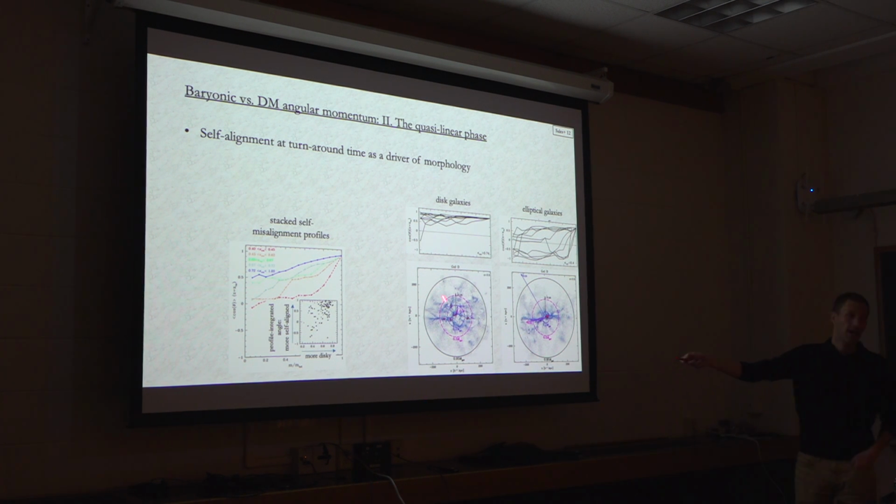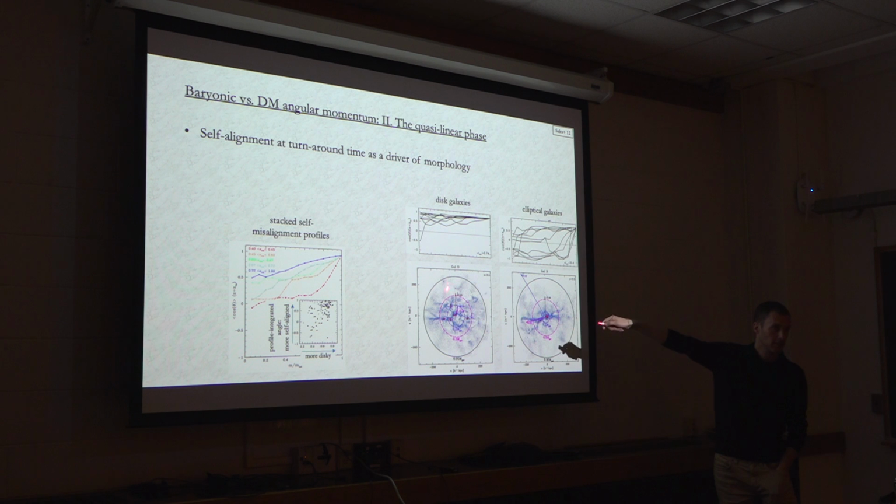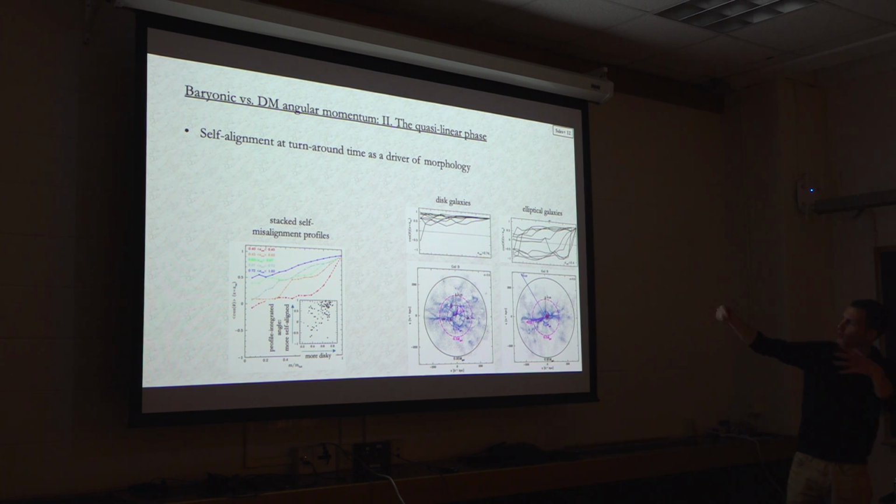They're shown at the turnaround time. And these arrows show the measurements of the angular momentum direction in different shells. And we see that for this galaxy, the angular momentum is aligned in different shells around the forming galaxy, while for this elliptical galaxy, every shell we look at has a different orientation of its angular momentum.